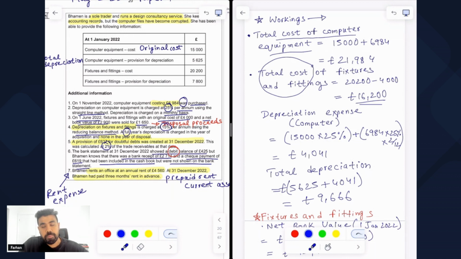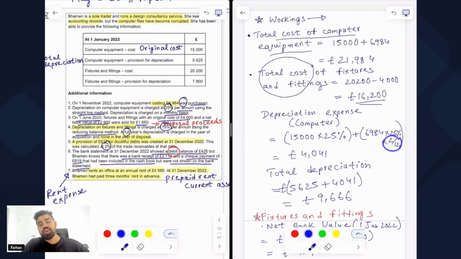But during the year, on 1 November 2022, we purchased more computers, worth £6,984, and we are depreciating that computer by multiplying by 25%. But at the same time, we are multiplying it by 2 over 12.